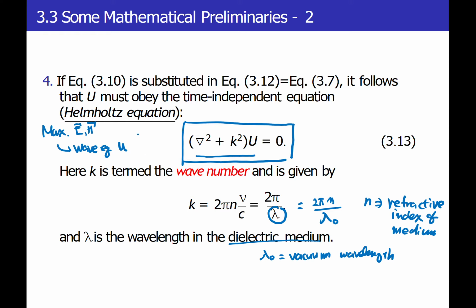For a monochromatic wave, we have this time term, and then we get these Helmholtz equations. So note that we have Maxwell's equations for the vector components, the wave equation for the scalar field component, and then the Helmholtz equation for the amplitude.